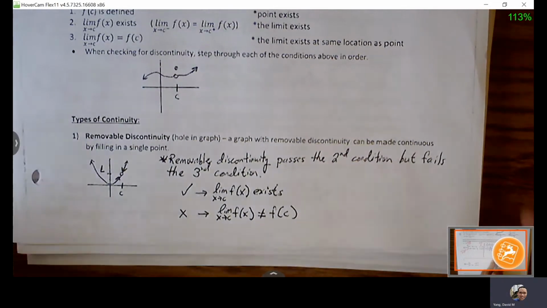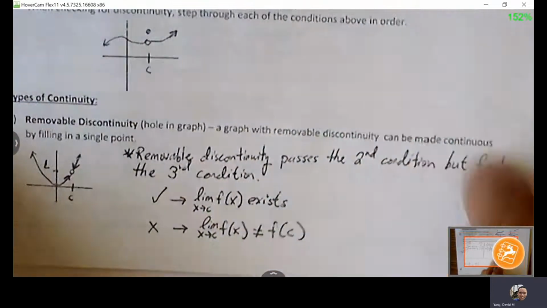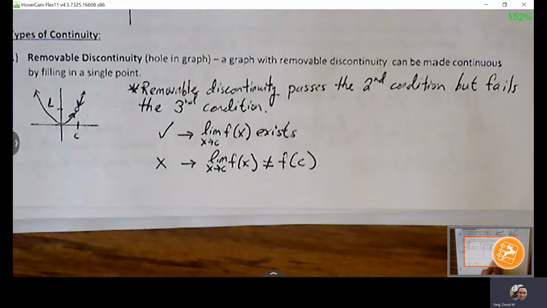Okay, but let's go to the second page now. Okay, second page.